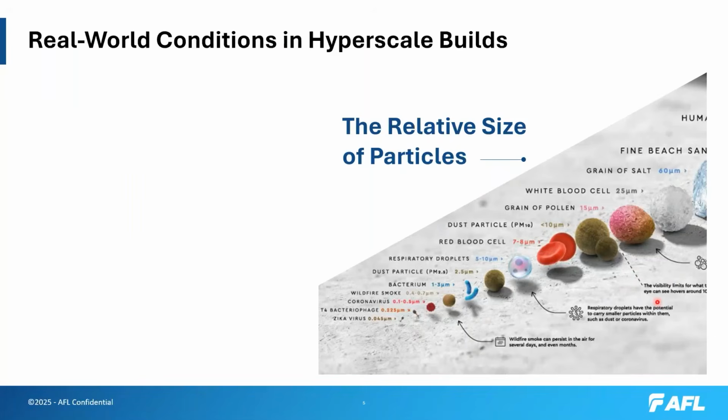We've all seen this particle floating around in the air. That particle, if you can see it with the naked eye, is approximately 15 microns. That's 1.5 times the diameter of a single mode fiber optic cable.